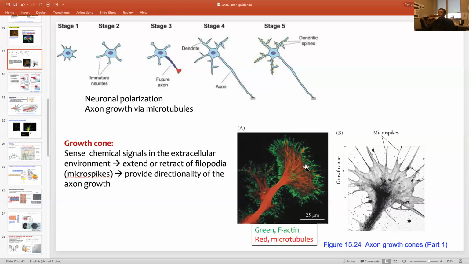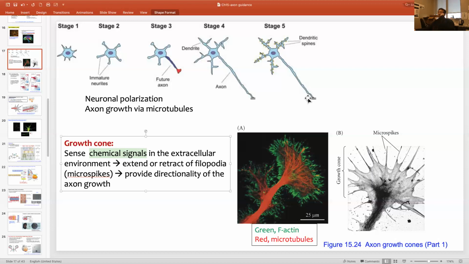The growth cone basically senses the various chemical signals in the extracellular environment. The extracellular environment produces various chemical signals that attract or repel the growing axons.